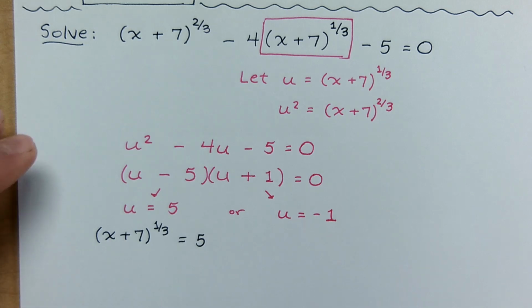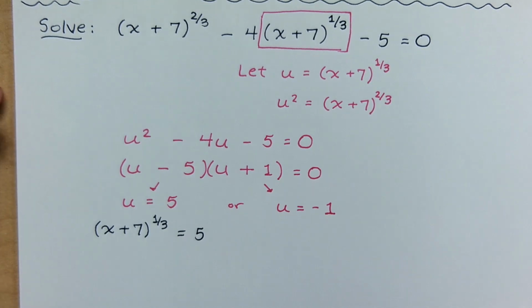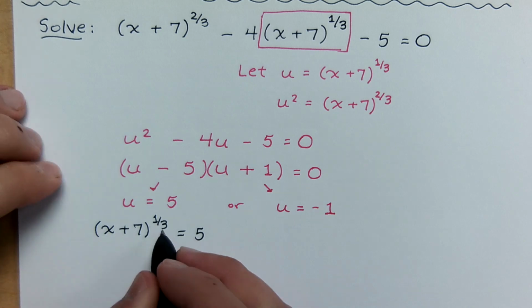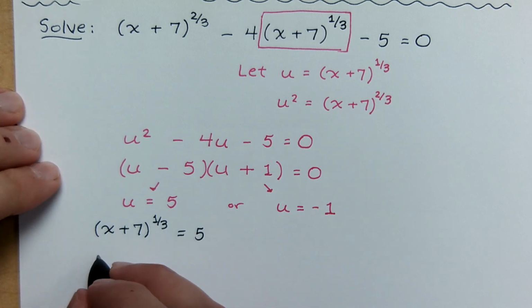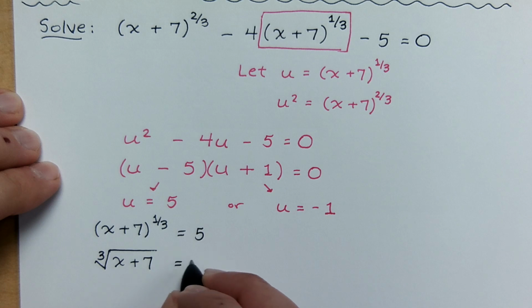How did we deal with that yesterday? Well, it's a rational power, and the way that we made sense of it yesterday is that the denominator is really our index. So it says to the 1/3 power, but this is really the cube root of x plus 7 that equals 5.